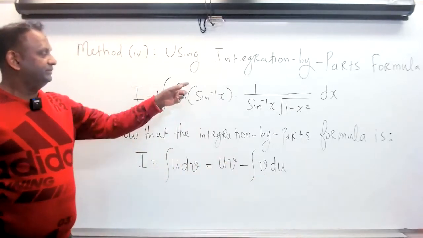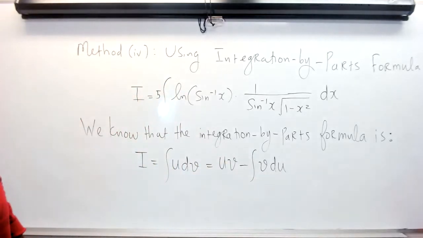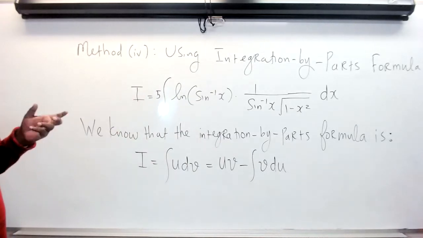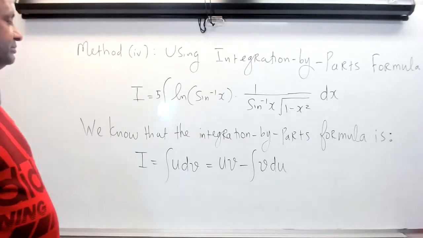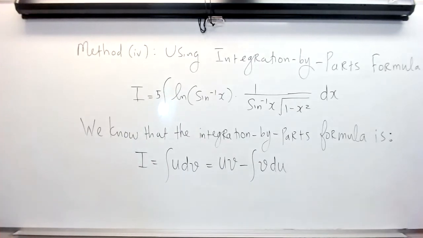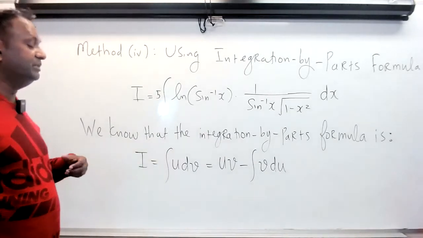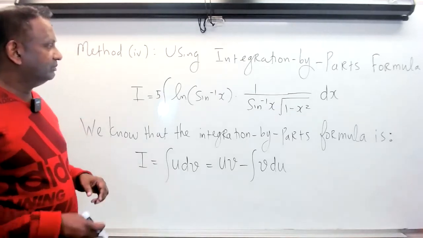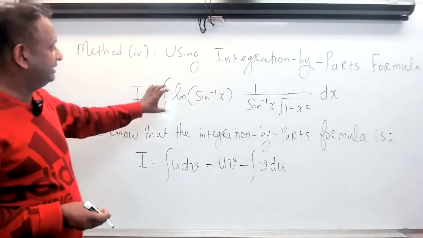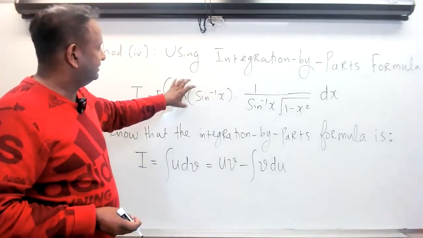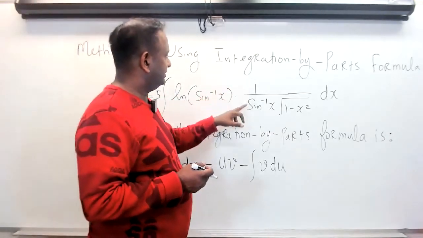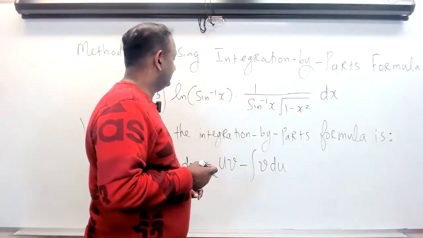Then from this big, complicated function, you're going to figure out which part is going to be your u and which part is going to be your dv. Think about a certain function that can be differentiated as u. Which one is u? If you take this guy as u, its derivative would be what? 1 over sine inverse x times 1 over the square root of 1 minus x squared, whole thing.